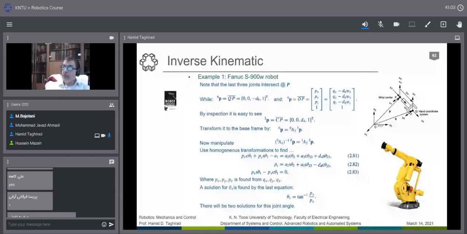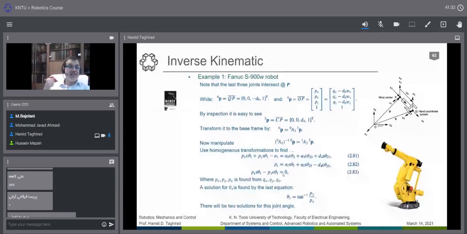And we know that Px, Py, Pz is given, so from here we have this one, and we would like to find theta 3. And as you see, this equation is only a function of theta 1. This one is a function of theta 1, theta 2, theta 3, but because of the structure that we are using here, this is a simple equation of theta 1.